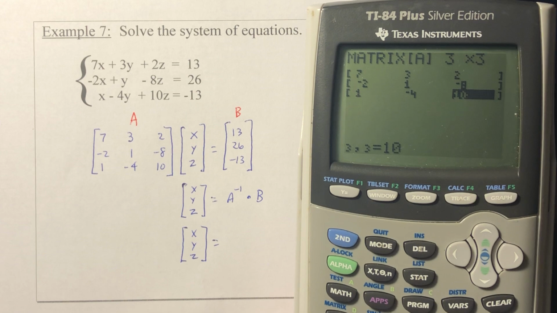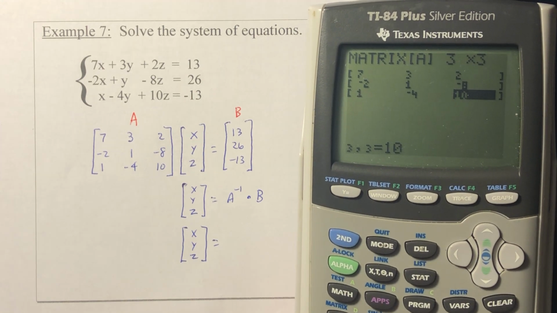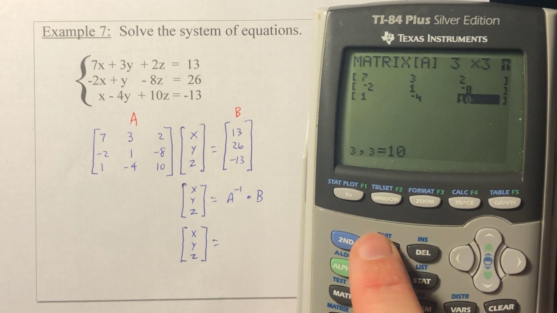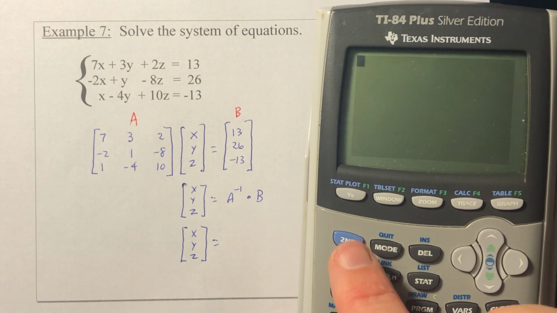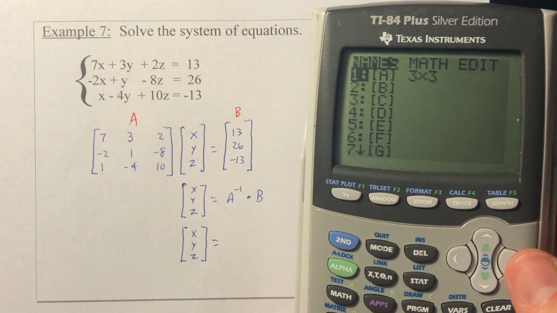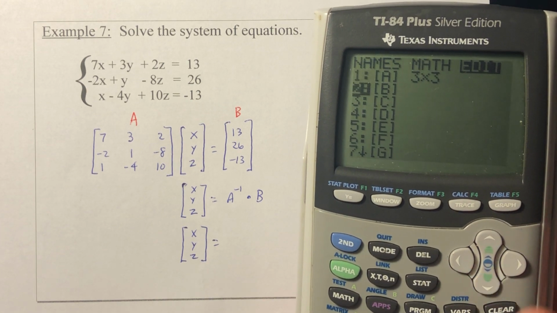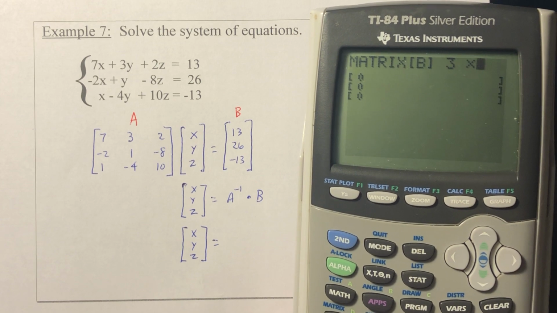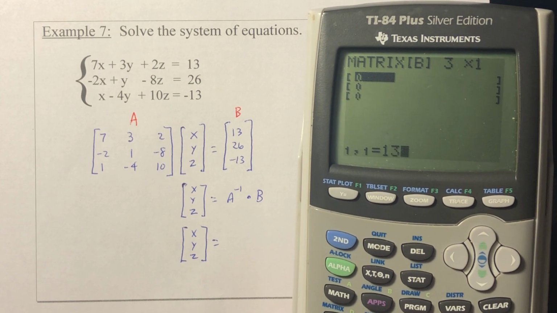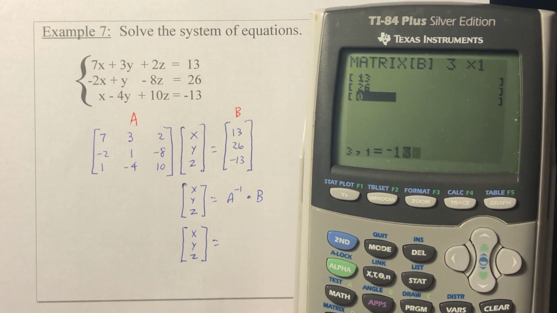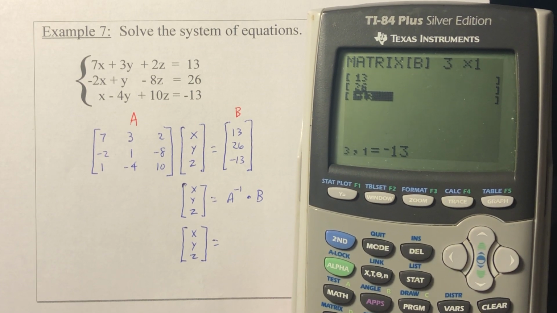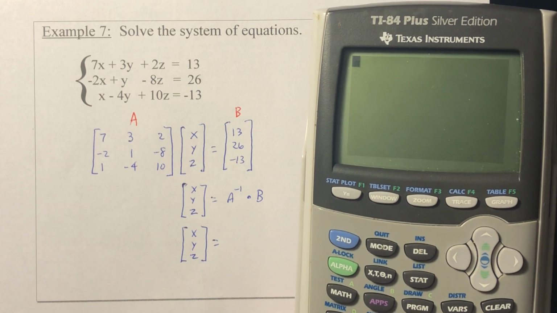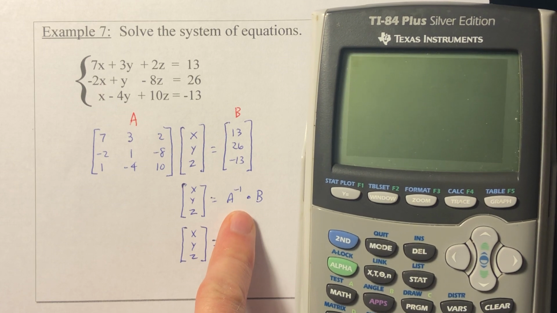Make sure you hit enter after each one, and then scan over it and make sure it's exactly what you need it to be. So there's matrix A. Now I'm going to hit second quit to get out of there. Let's go back to matrix, edit, this time matrix B. Now this is a 3 by 1 matrix. Make sure you use the negative button, not the minus button.